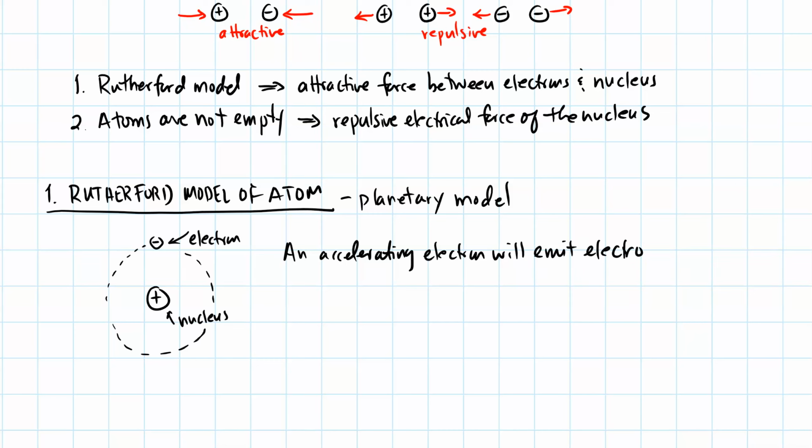And this word, electromagnetic radiation, is a fancy word for light. When an electron is accelerating, it loses energy by emitting this radiation.